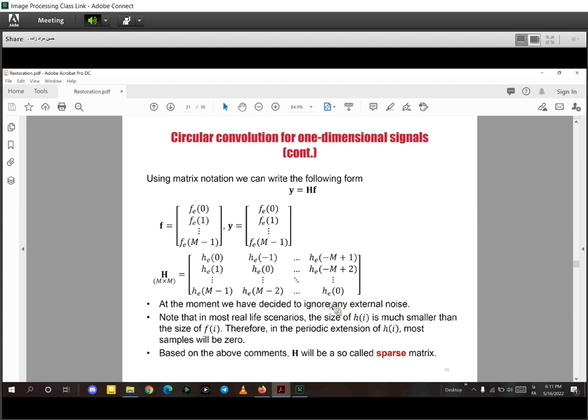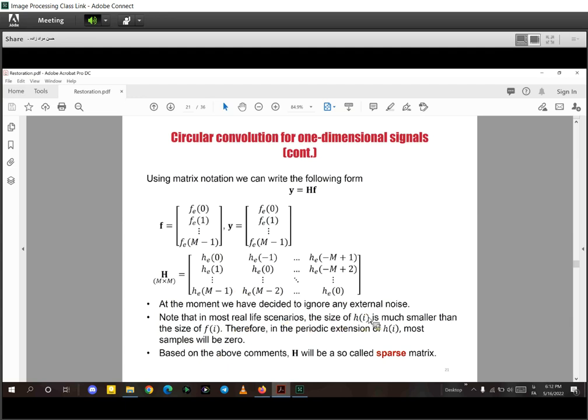Starting from h0 ending at h0. This descending diagonal is h0, h0, h0, identical. This is h1, h1, h1, and so on.